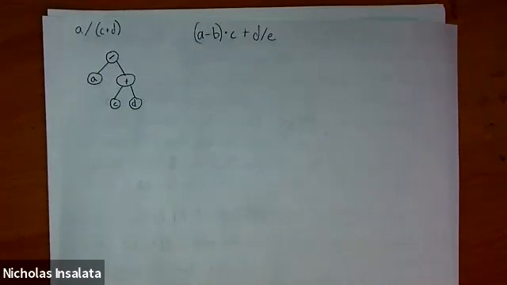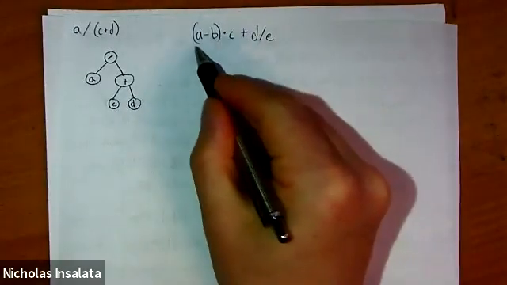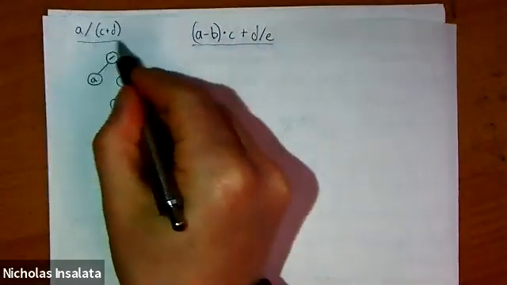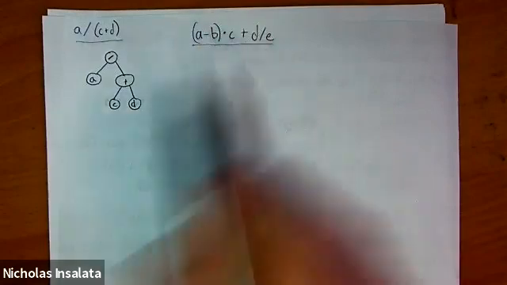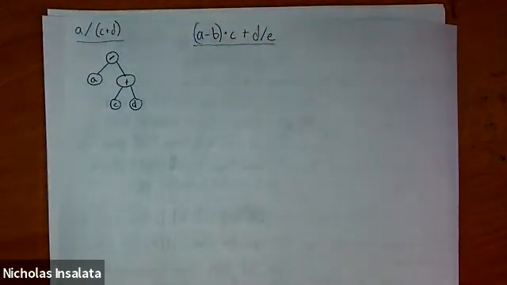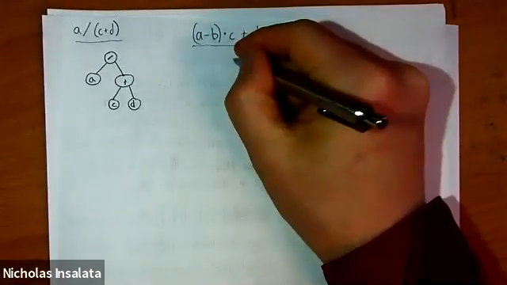And let's build a tree, the parse tree, for this expression, right? So what's the root of this parse tree going to be? Let's build it one step at a time. Not the minus. The minus is a bit further down. Yeah, the plus is going to be the root.